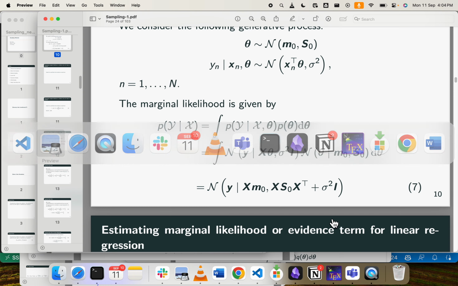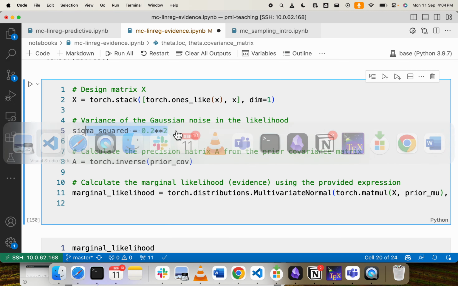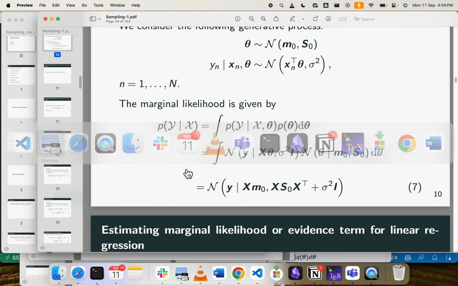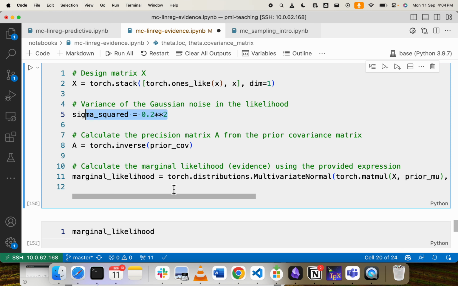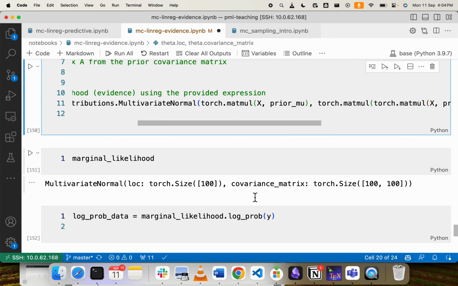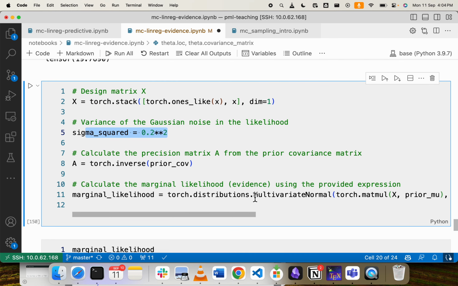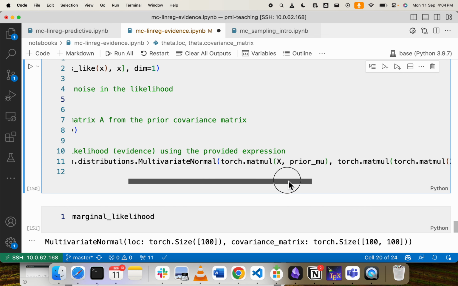We calculate the sigma squared term. We have the sigma squared term. We calculate the capital matrix x. We find out the prior covariance. We take an inverse, and we can then just write it in this form, right? Torch's distribution is a multivariate normal.